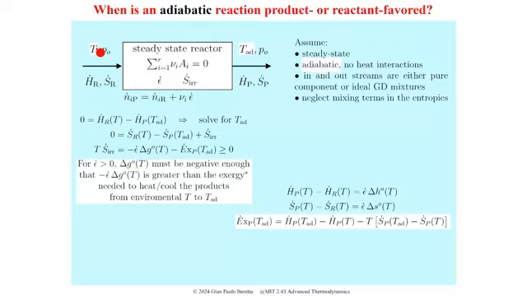I'm sorry, take it back. It's the difference between the exergy that the products have at this temperature, you see, this is still P, and that they have at the temperature of the reactants. So it's the difference between T-add and T of the exergy of your products.